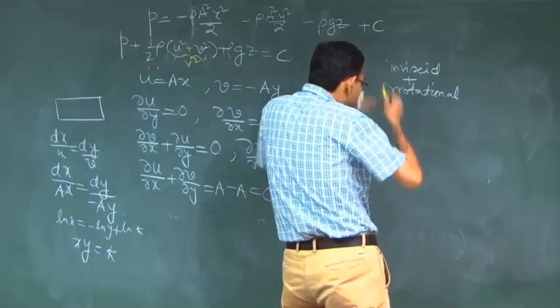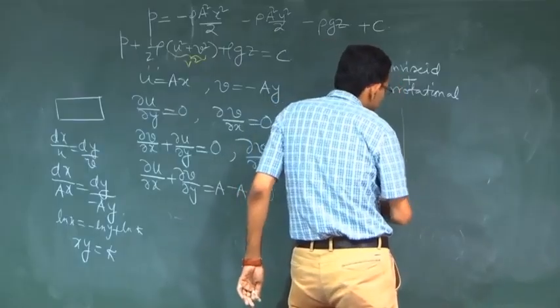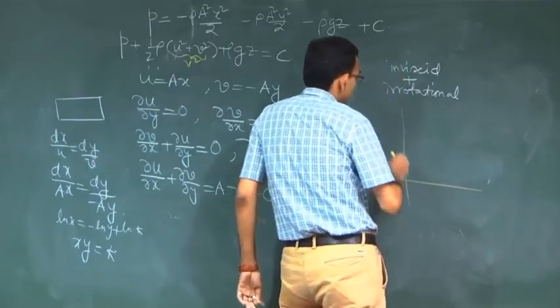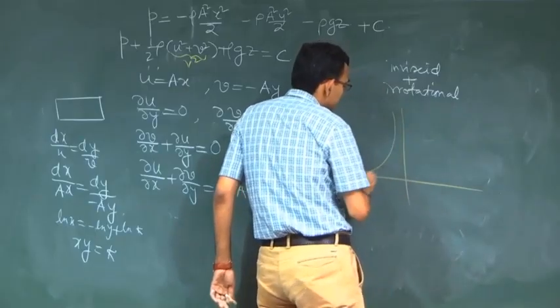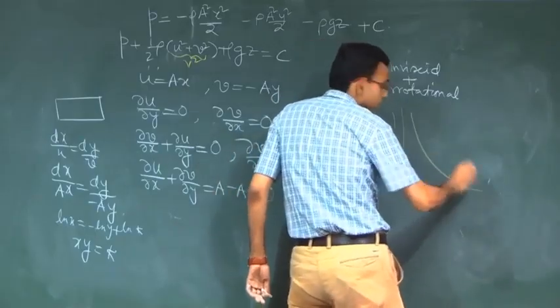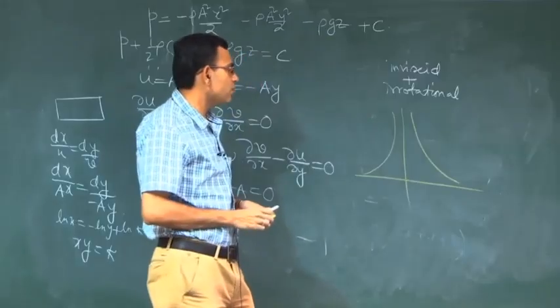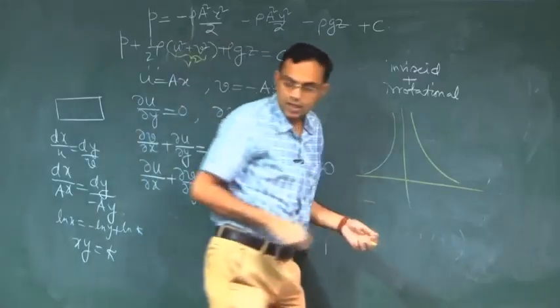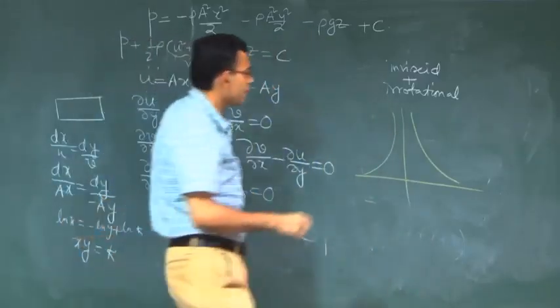So if you try to visualize how this fluid flow is taking place, imagine that there are rectangular hyperbolas like this and the fluid element.